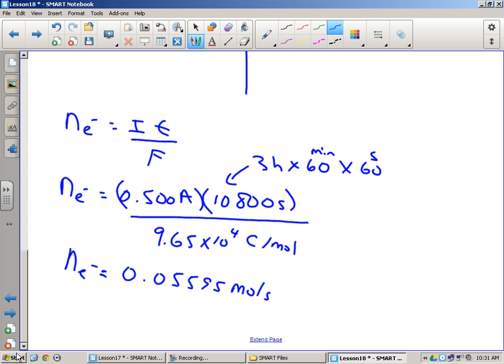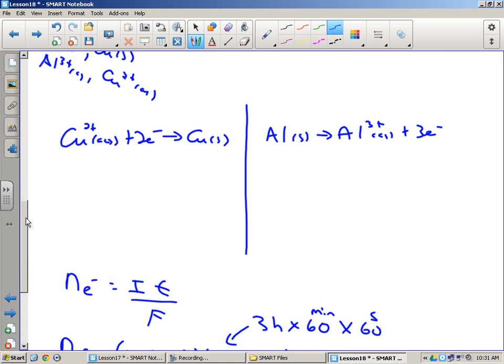So I can go back up to here and say, the amount of electrons was 0.05595 moles, and this here was 0.05595 moles as well.